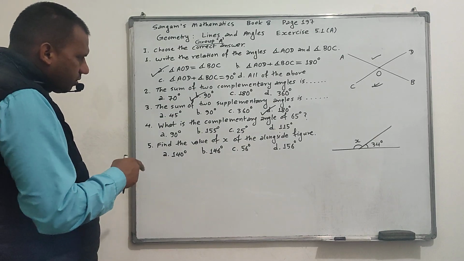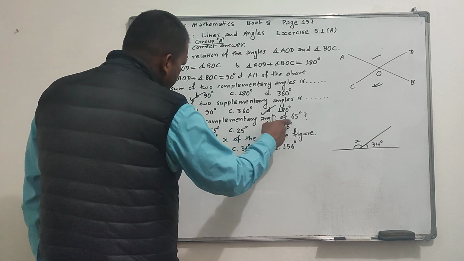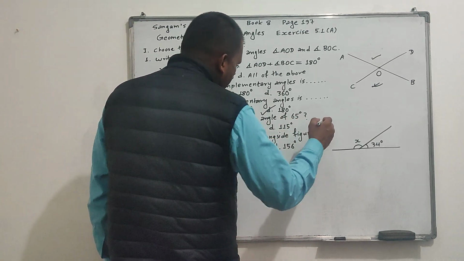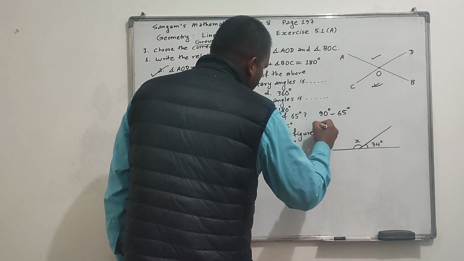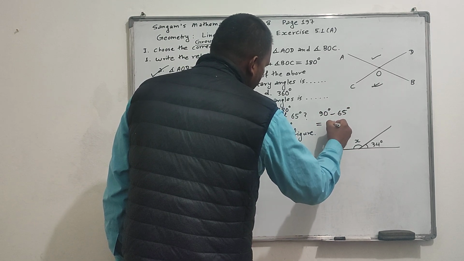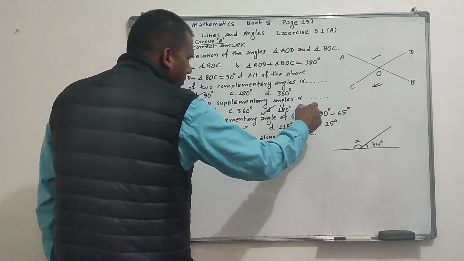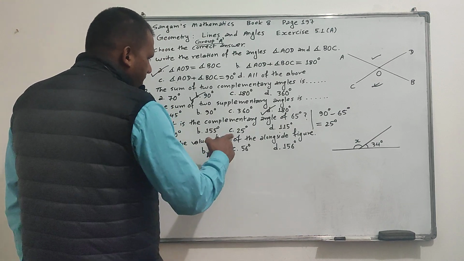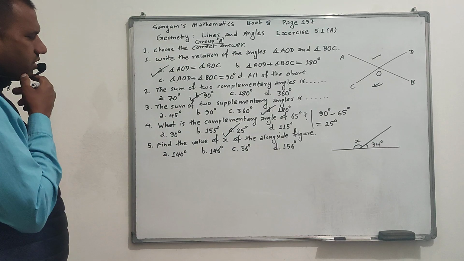Now number 4, what is the complementary angle of 65 degrees? Complementary angle of 65 degrees, that is 90 degrees minus 65, that is 10 minus 5, 5, 8 minus 6, 25 degrees. So complementary angle of 65 degrees is 25 degrees. So option C, 25 degrees, is the correct answer.